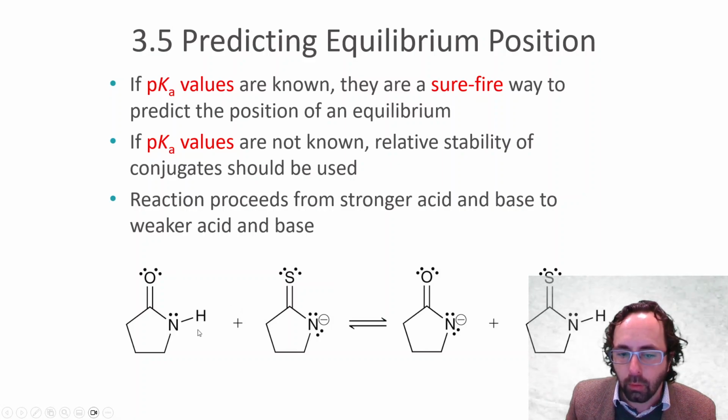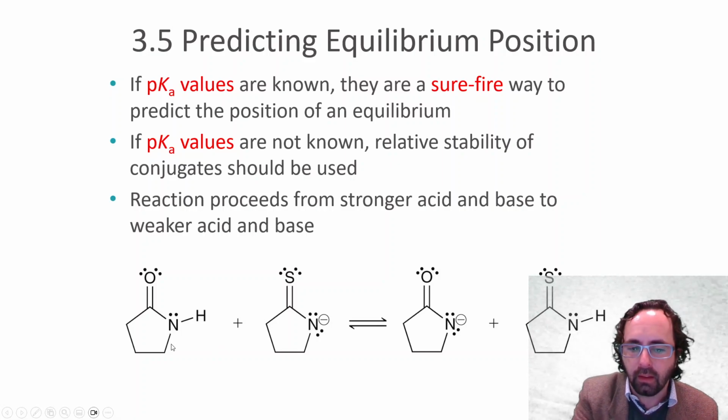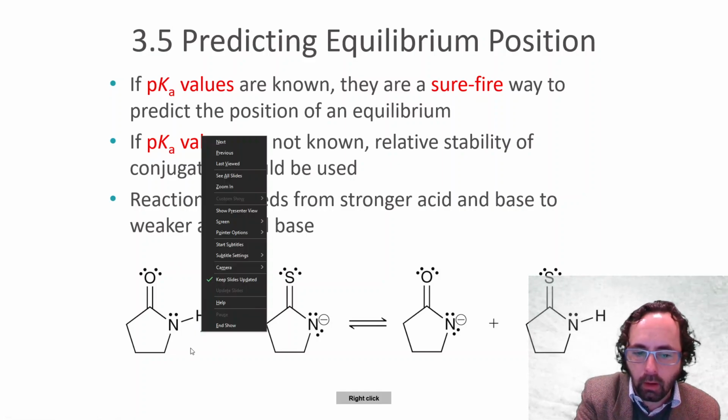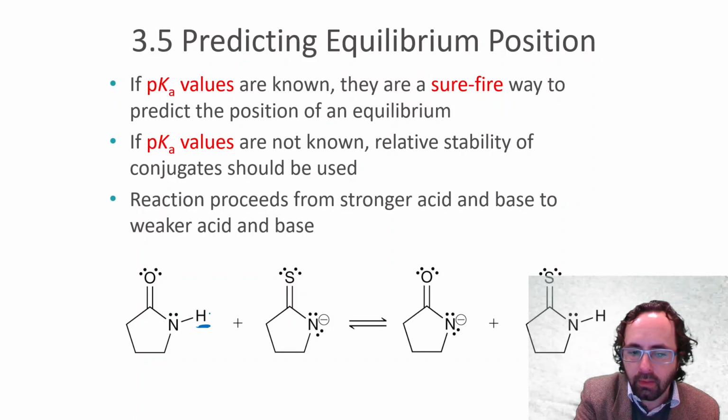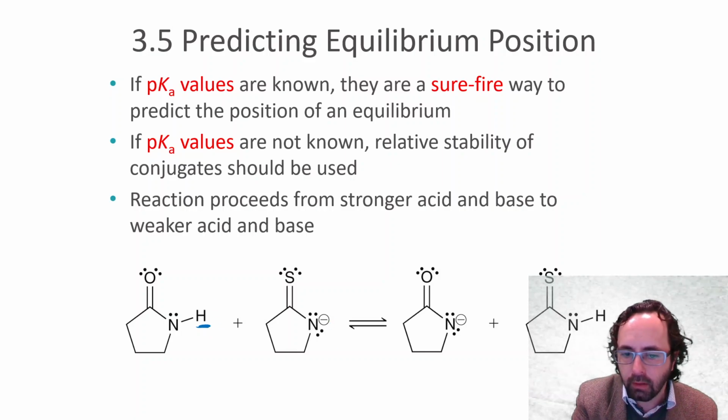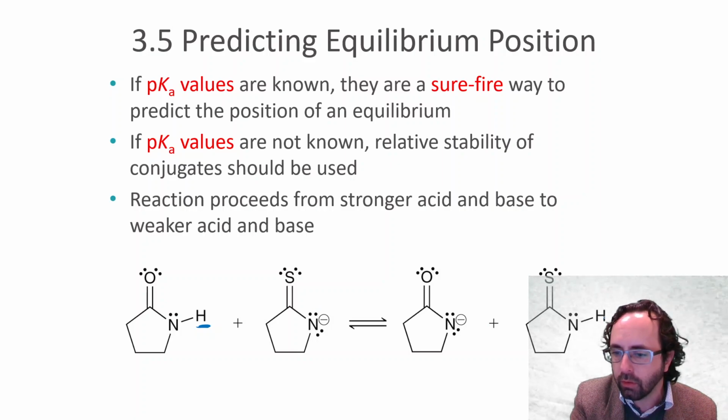So when we look at a situation like this one, we have an acid here. This is the acidic proton right here, this hydrogen, and this is going to be given away over to this nitrogen. We can see here we have molecules that also have resonance. If we look at this molecule, all of these are on nitrogen, so we can't consider atom size right away, but we should think about resonance.